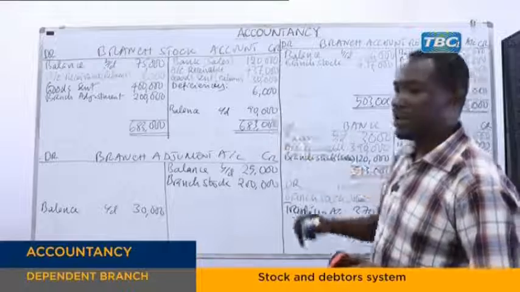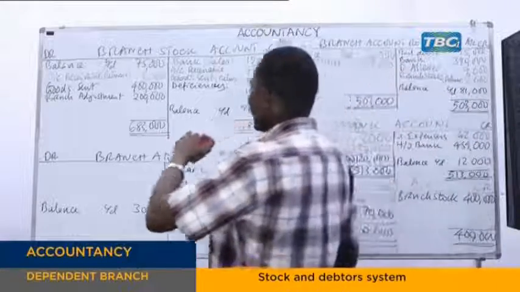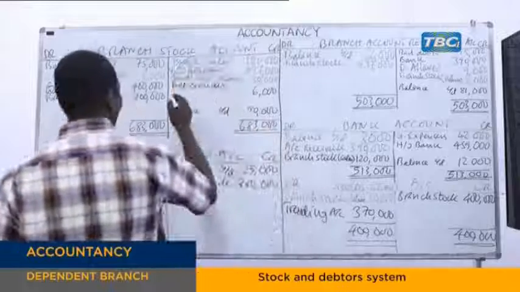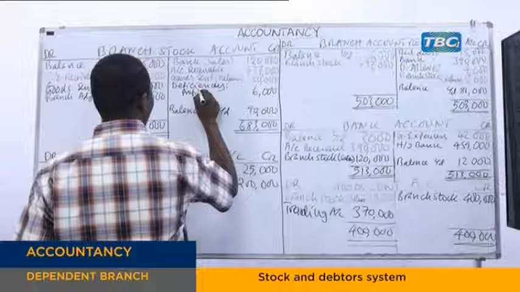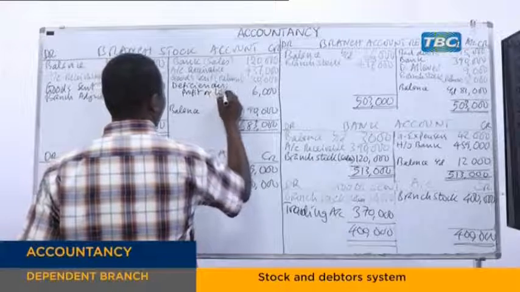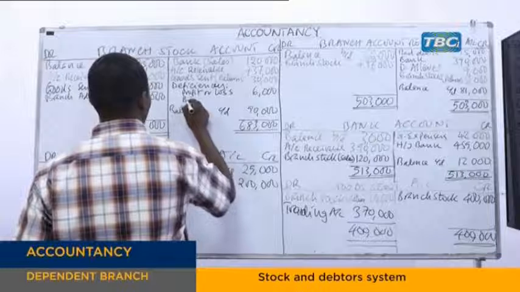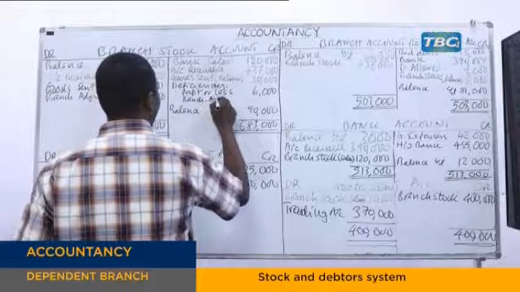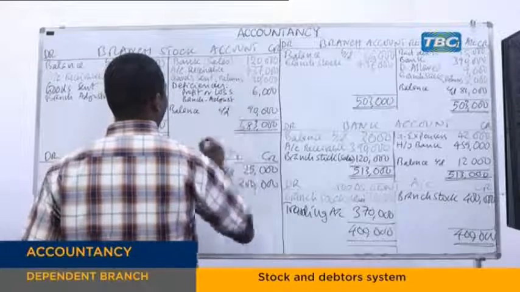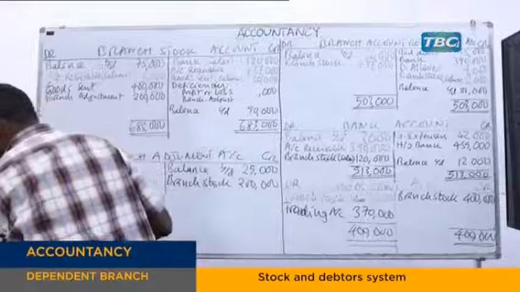So let us now spread it to get that amount that should be transferred to profit or loss, and that should be transferred to branch adjustment account. Okay, let us apportion it.